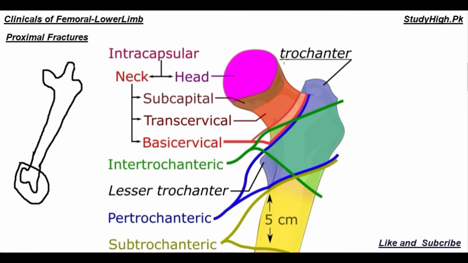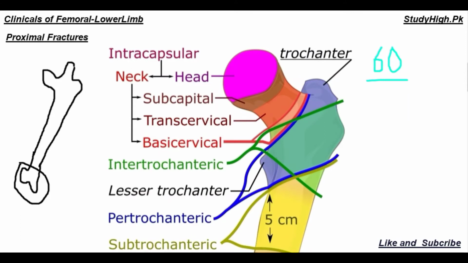You must know in what type of patients this fracture is most common. In patients of older age, especially women suffering from osteoporosis who have less dense or weakened bones, mostly suffer from the fracture of the head and neck of the femoral bone.